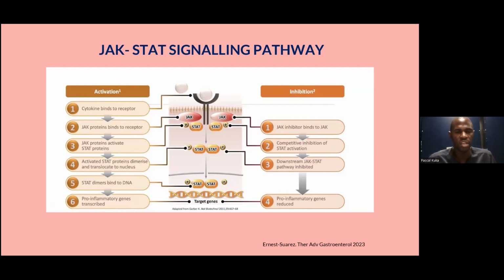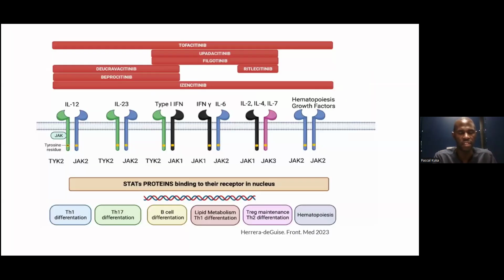Specifically, once you have activation of the JAK, then you have a downstream activation of STAT, which then has particular effects on different target genes, not only inflammation, but also multiple other dimensions in terms of organ function. So it follows that inhibition of JAK-STAT might inhibit target genes which are involved in pro-inflammation. But as I said, it is not only inflammation, but other different organs.